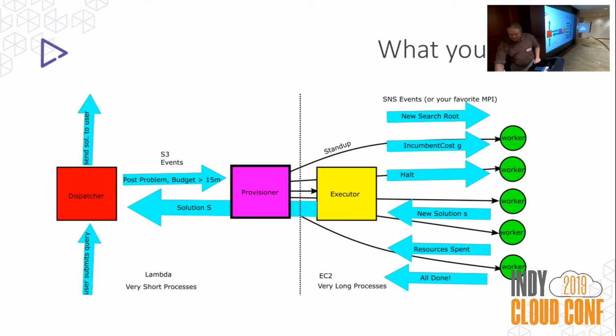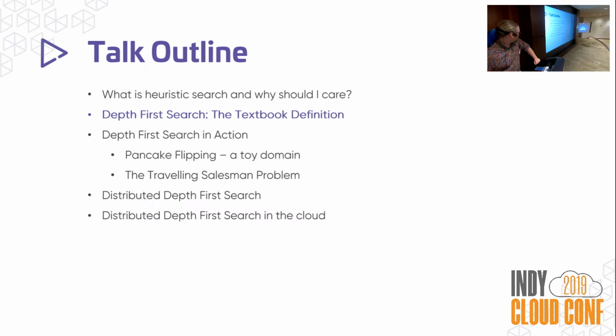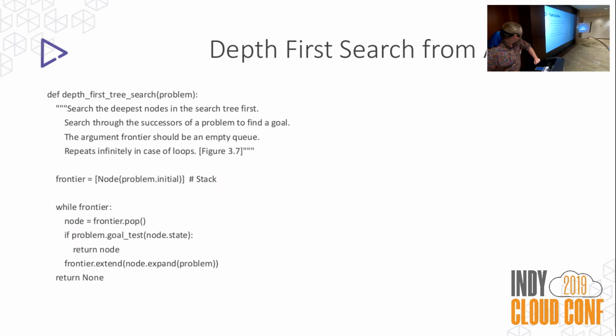But first, let's talk about the thing that we're distributing, which is depth-first search. So this is the textbook definition of depth-first search, from Artificial Intelligence: A Modern Approach. This is the Python implementation that they give. And so they say what it does is it searches the deepest nodes in the search tree first, searching through the successors to find a problem goal. So what we do is we have a frontier.